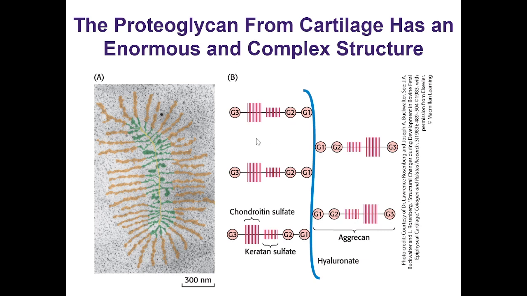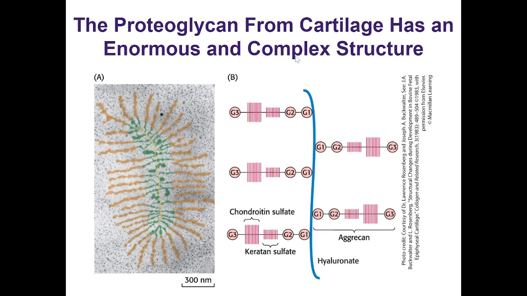Okay. So the proteoglycans from cartilage have an enormous and complex structure. We can actually see this to some degree right here. This would be your overall large structure. See how spread out and large that is. And then this is what it looks like labeled for you. Here's that G1, G2, and G3 that we were talking about before.